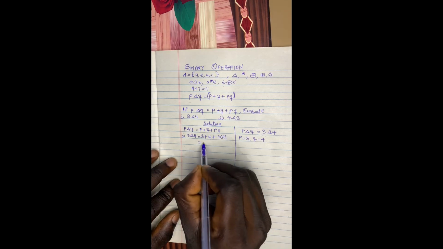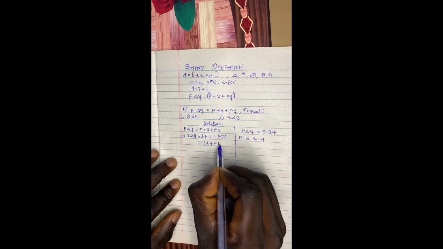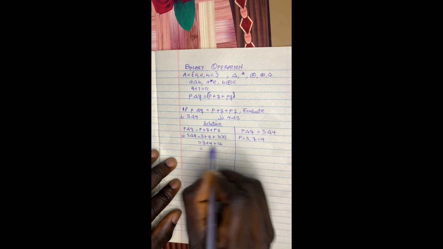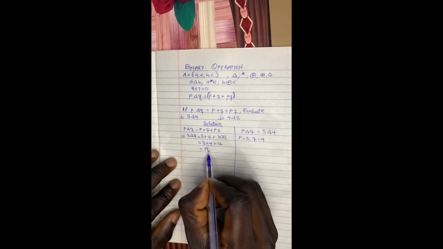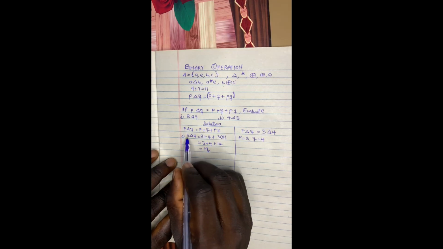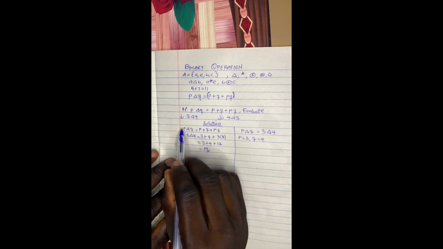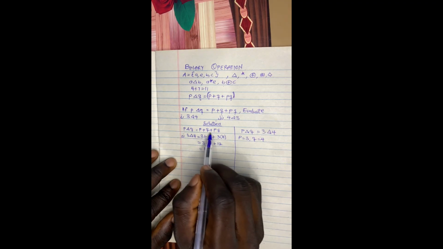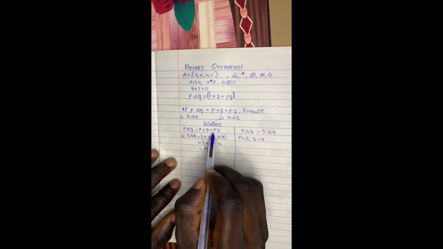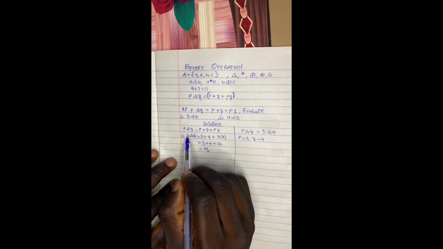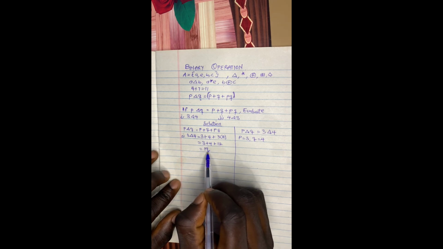We have 3 plus 4 plus the product, which gives us 12. Now we add them together and we get 19 as our next element. So 3 operation 4, following this rule, gives us the next element. Binary operation is a combination of any two numbers following a specific rule to give another element.